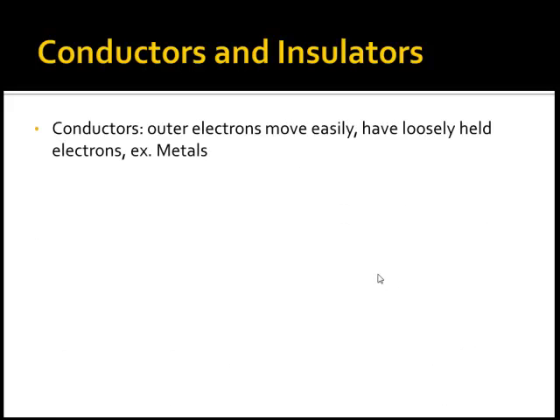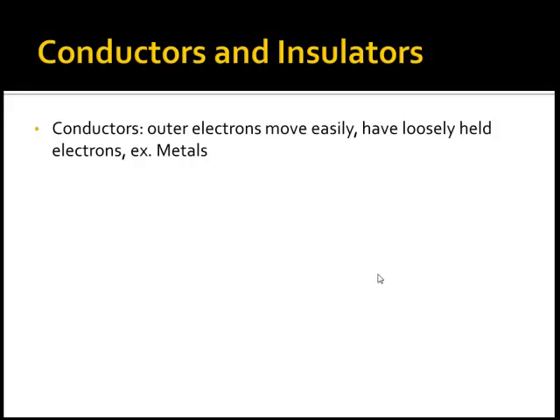Now in class we've already looked at a lab situation with conductors and insulators, and we're just going to take this a little bit further. If you haven't done it yet, there will be a lab in which you look at conductors and insulators. Conductors have outer electrons which move easily, and they're loosely held. Because these electrons aren't held very well to the material, they tend to move around very freely. Most metals are good conductors.